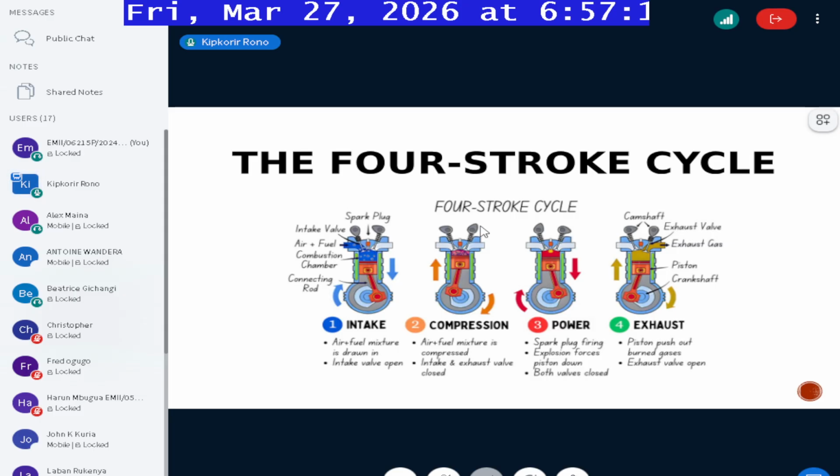Now, the reason why you have more air than fuel in the ratio is that in the air, you're only interested in the oxygen.